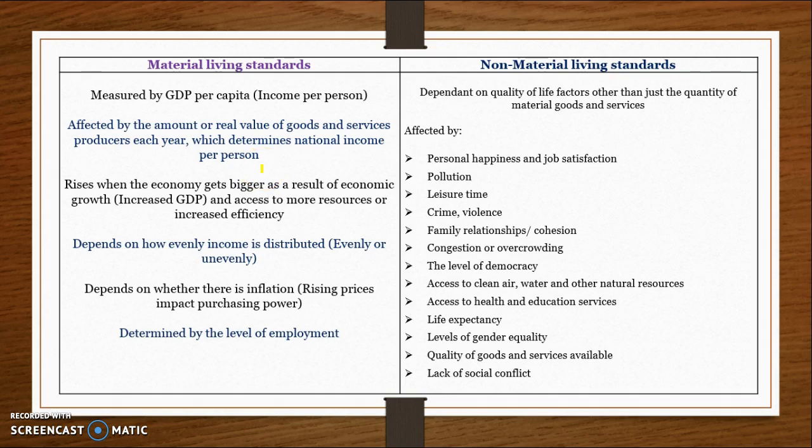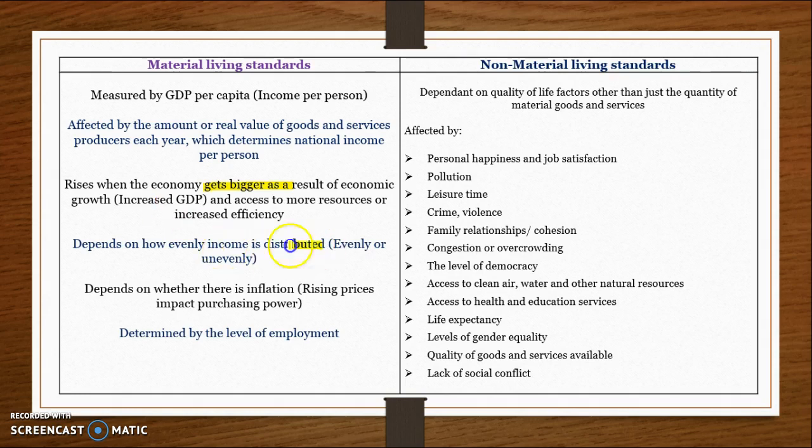So if we can increase our real GDP, which means that basically we're producing more goods and services than the year before, once we take into account inflation, if that gets bigger, that should lead to increased incomes and hopefully increased incomes per person. So when the economy gets bigger as a result of economic growth, and therefore we're producing more efficiently, or we push out our PPF, that should lead to increased material living standards or income per person.